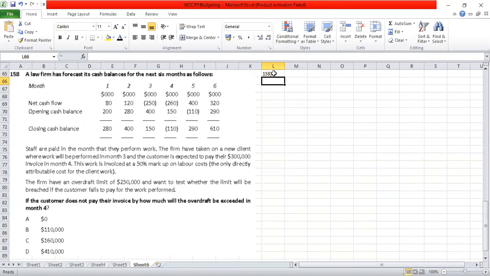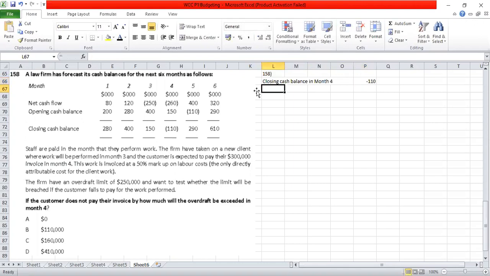The question is only about month 4. So we see that closing cash balance in month 4. So that's minus 110.